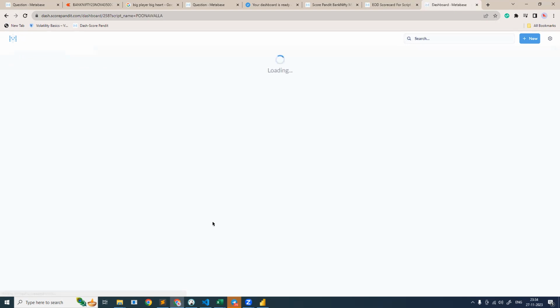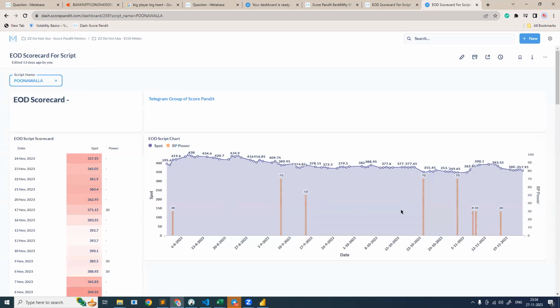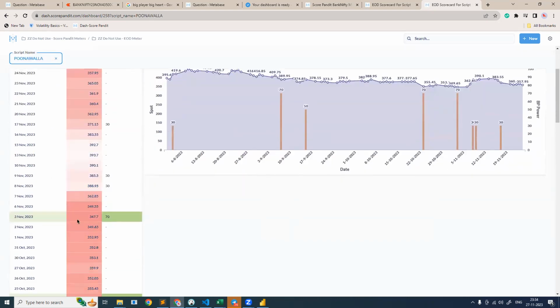Now let's see what Poonawalla has given us. You see there are red bars coming in. This is a visual way, but you can also refer to the same table. On 3rd November, we saw 347 was the price and it got a 70 power. Next day it went to 349. I can invest on the next day as well, at 349. And you see it went to 366, 362 almost after 2 days.